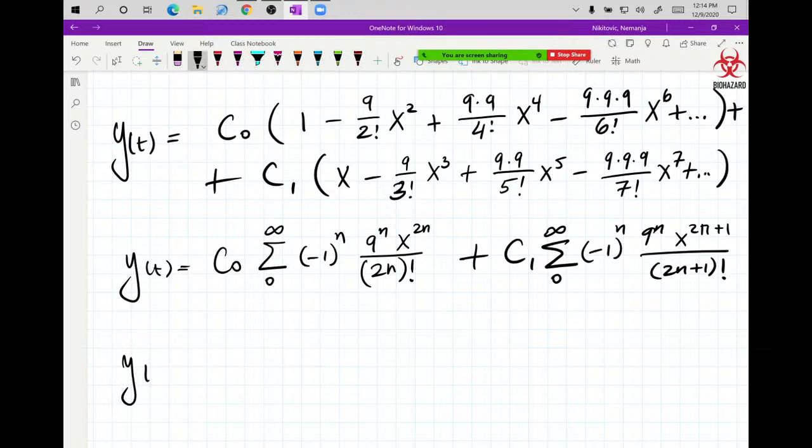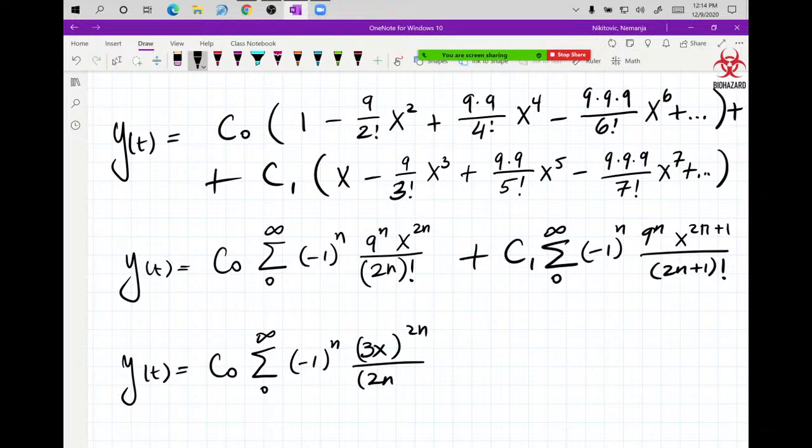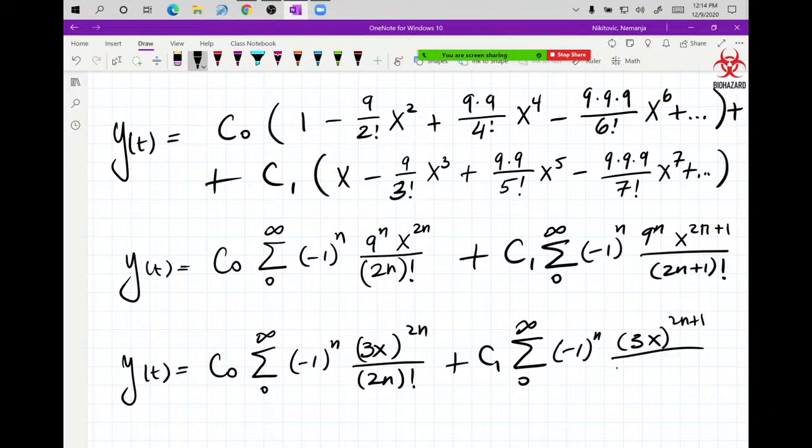So y of t is equal to C0 summation 0 to infinity of negative 1 to the n of 3x raised to the 2n over 2n factorial plus C1 summation 0 to infinity of negative 1 to the n of, again, 3x to the 2n plus 1 divided by 2n plus 1 factorial.